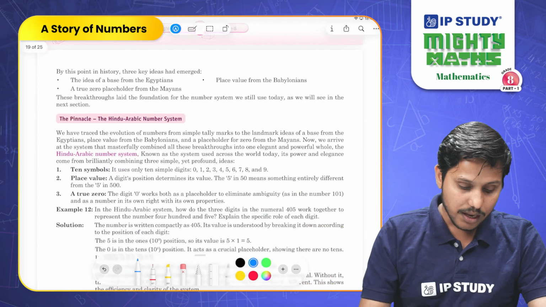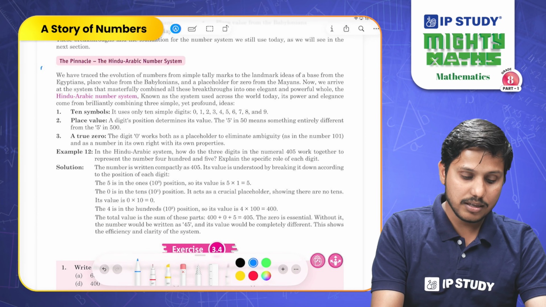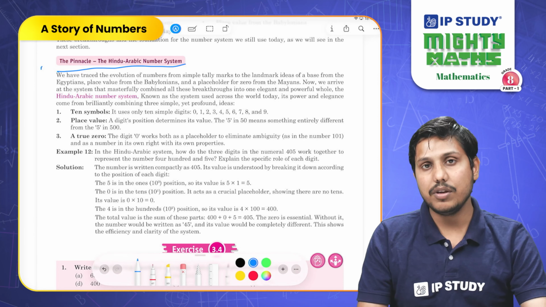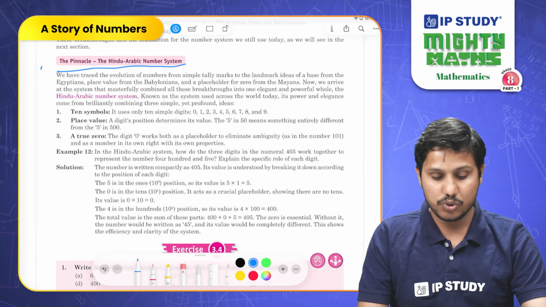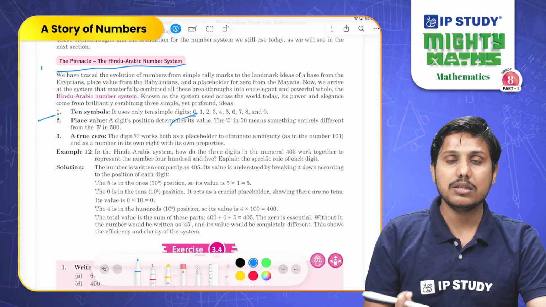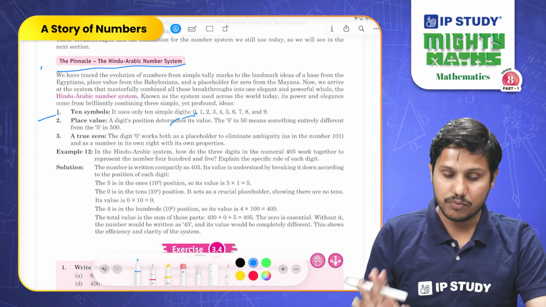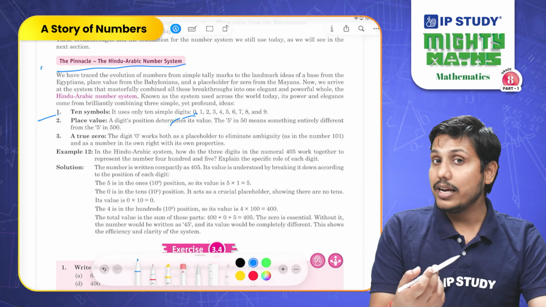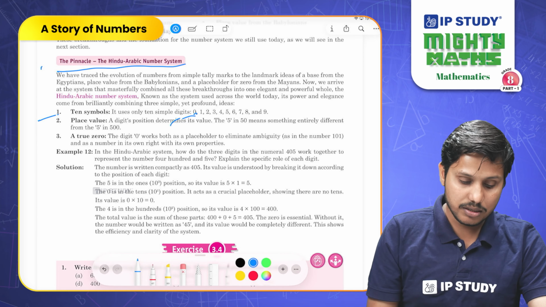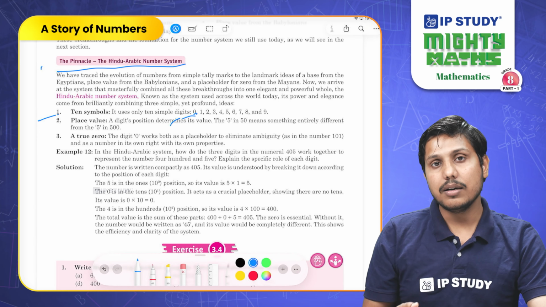Okay. Now the last number system, the Hindu Arabic number system that we use today, has 10 symbols made up of the digits 0, 1, 2, 3, 4, 5, 6, 7, 8, 9. These are 10 digits or 10 symbols that are used to form any number in this world. So it is based on place value like the Mayan number system, but it is a base 10 number system.